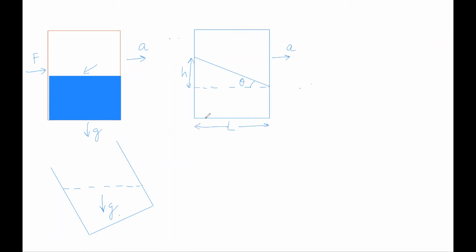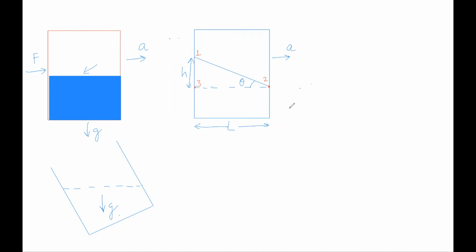We will mark some points based on which we are trying to find the angle theta, that is the inclination of the surface. Let us mark those points first. We mark point 1, here point 2, and point 3.